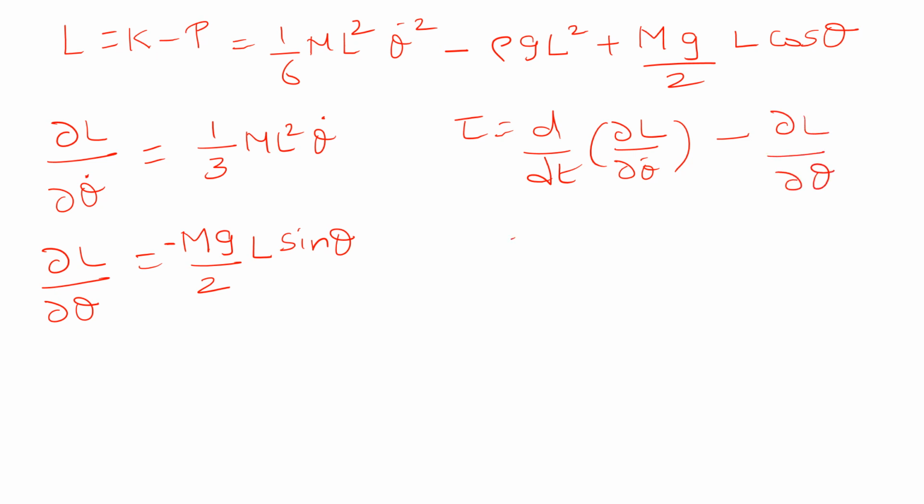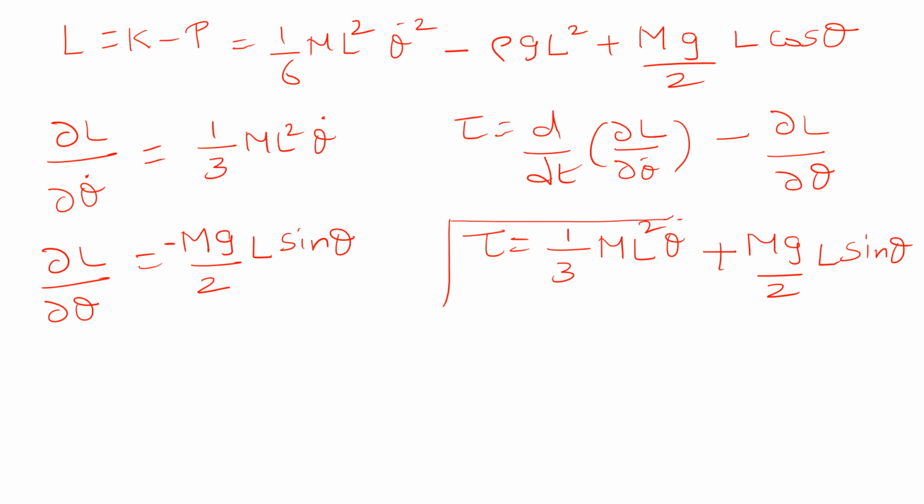Substituting, d by dt of dou L by dou theta dot becomes 1 by 3 m L squared theta double dot, minus dou L by dou theta, so it becomes plus mg by 2 L sine theta. This is the dynamic equation for a single link manipulator with uniformly distributed mass.